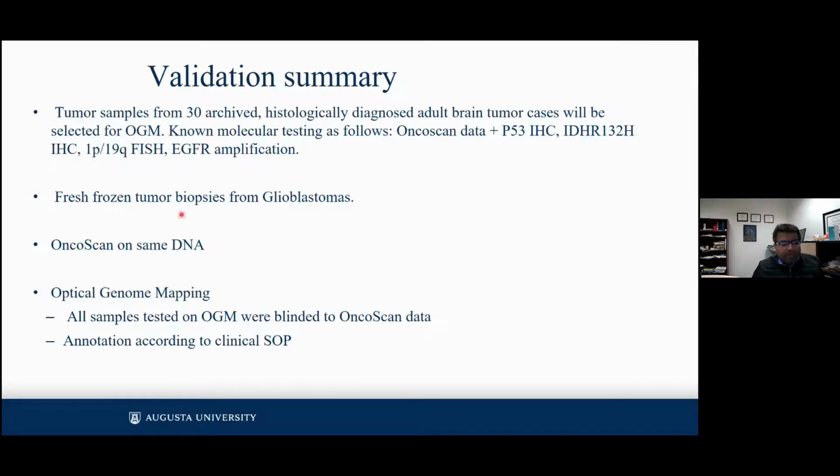So these are all fresh frozen tumor biopsies from the glioblastomas. Oncoscan has been performed or will be performed on the exact same DNA on which we'll do the optical mapping. All the samples tested on the OGM were blinded to Oncoscan data, and the annotation was done based on the clinical SOP.